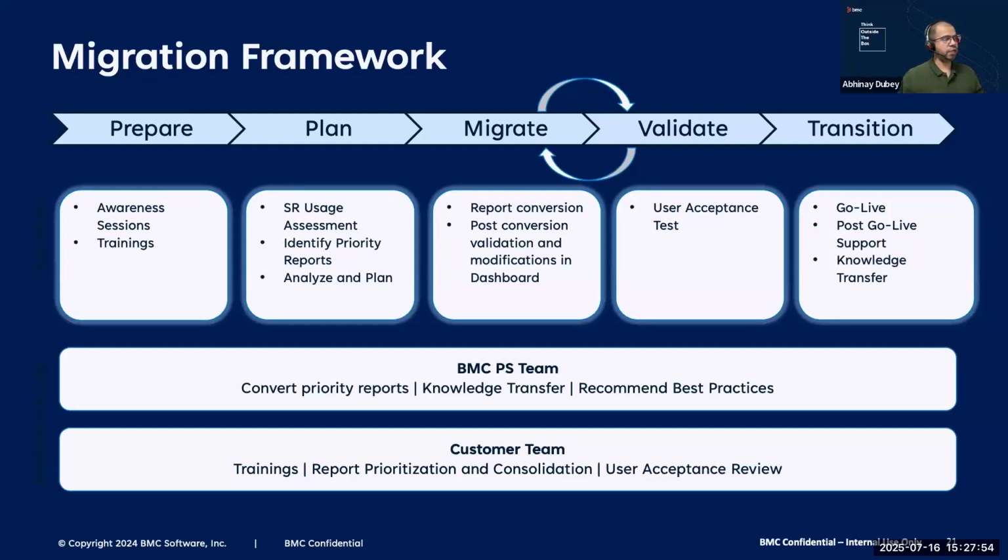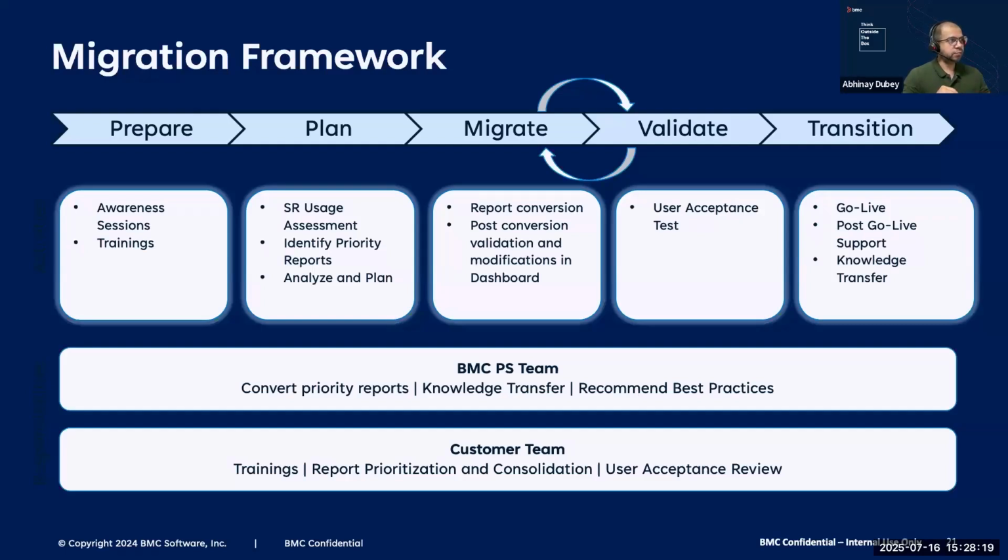Once you have that foundation, once you know where we are, where we are trying to go, and what is the difference, then we get into the planning phase, which is where we need to get more finer details. So we need to understand how we are using the current tool. What features we are using, what are the quantities of all of these different feature sets.